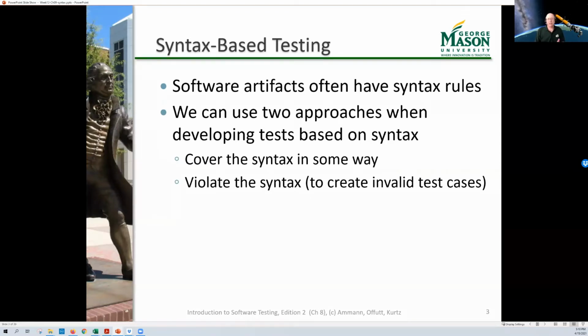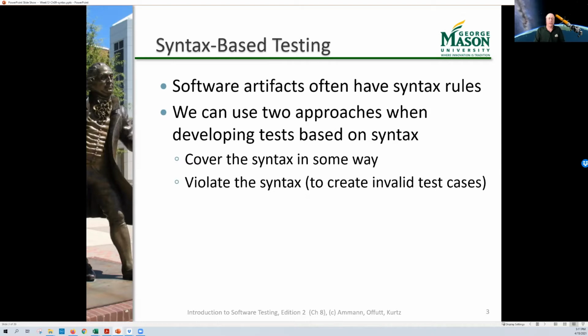So if we had some protocol, for example, some message protocol, and the message protocol had 5 operation codes and each of them had 2 arguments, we could start to look at, well, how many arguments are there? And this is kind of an input domain modeling approach, understanding what are all the different combinations that I could do and can I cover all those syntactic variations.